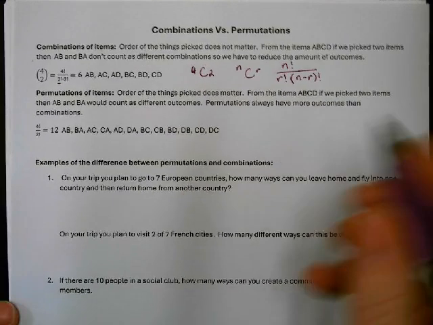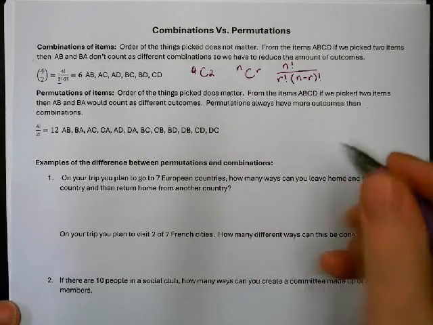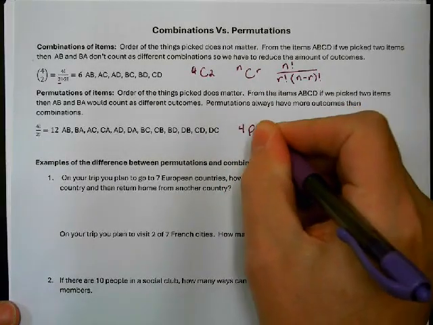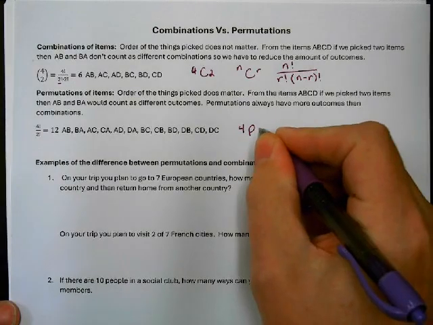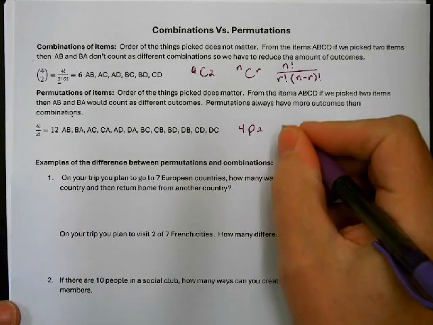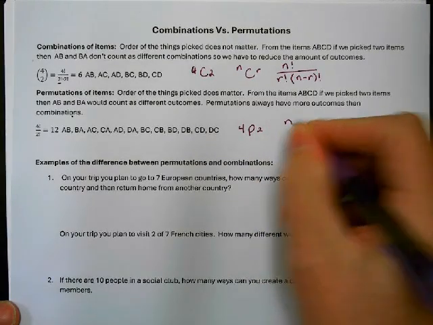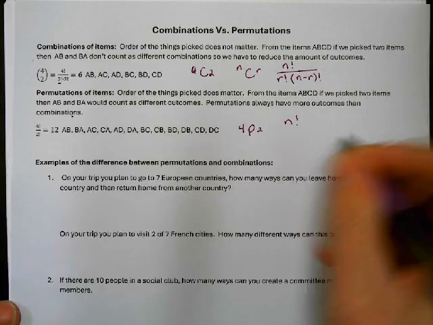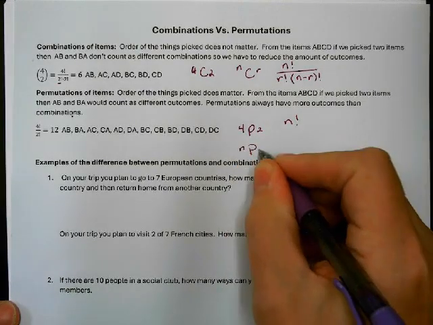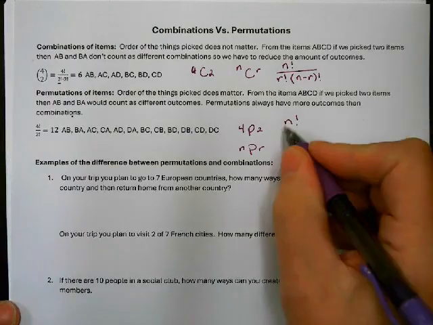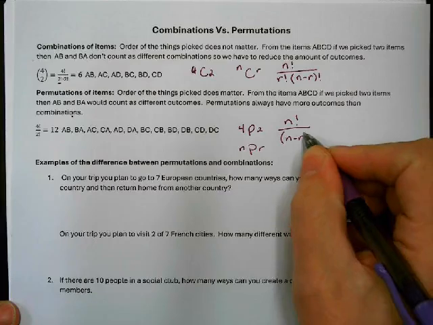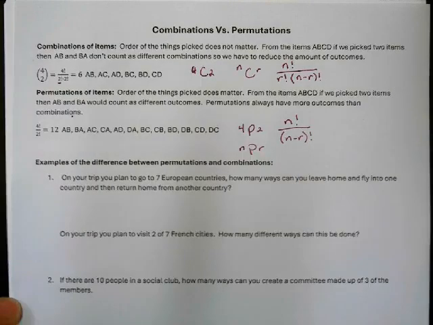So the formula for a permutation would be n factorial. We're talking about the number of items and then the number of ones that we're choosing from. Then we would just have n minus r factorial here that we need to divide out.